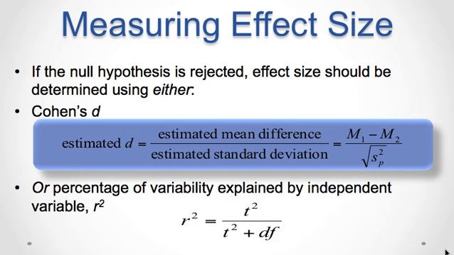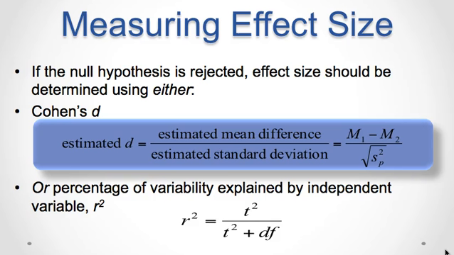When estimated Cohen's d is used with independent samples t-tests, we place the difference between the two sample means in the numerator and the pooled sample standard deviation, or square root of the pooled sample variance, in the denominator.